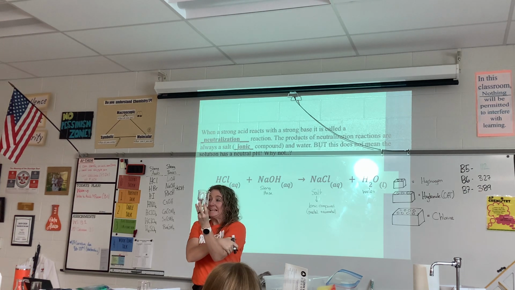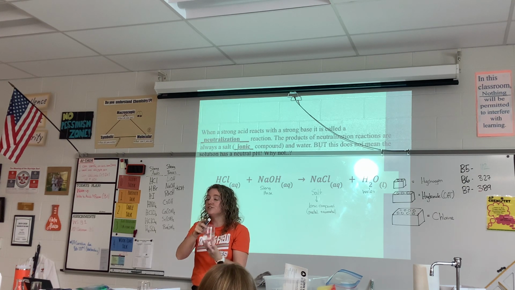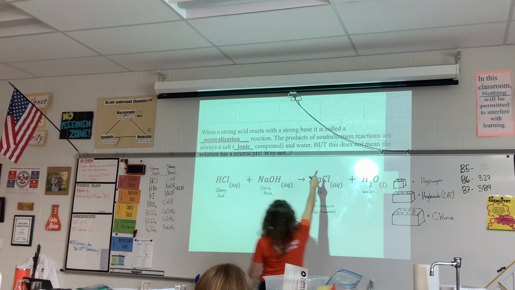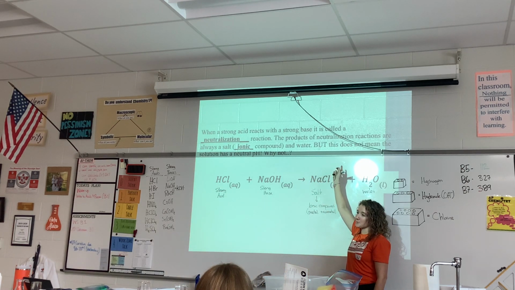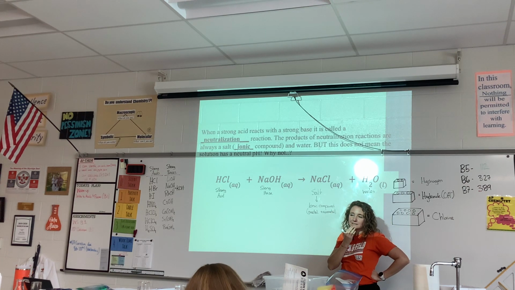Now, here's the catch, and we'll talk more about it. Just because it's a neutralization reaction doesn't actually mean it's at a neutral pH. So how do I know this is actually safe to drink? Test it.